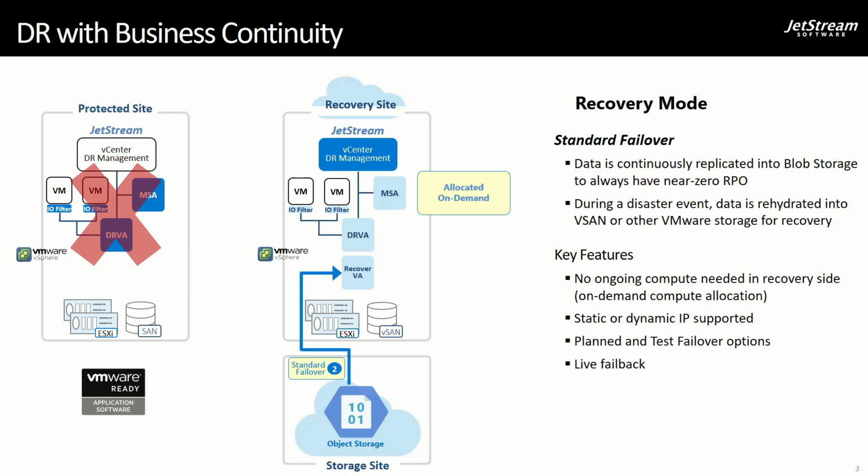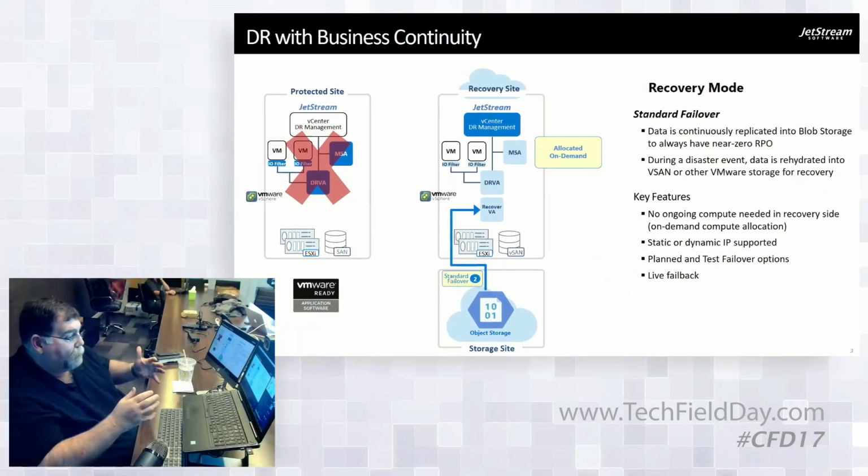So this idea of no ongoing compute: if the RTO, the amount of time we've got to restore these virtual machines, is long enough that you didn't have to have an existing environment, you could deploy that environment, install our software, and then perform the failover.